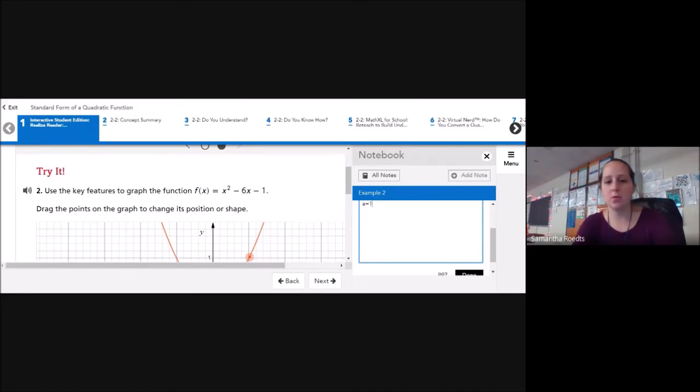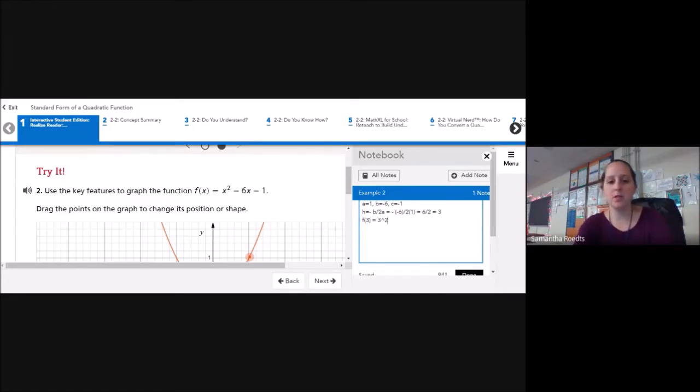a equals 1, b equals negative 6, c equals negative 1. h equals negative b over 2a, which is negative negative 6 over 2 times 1, which is 6 over 2, which equals 3. Then I substitute that back in.